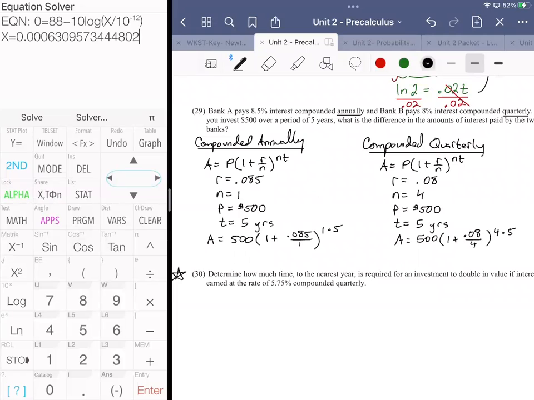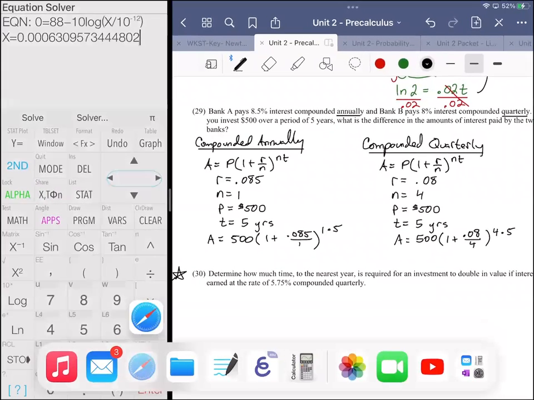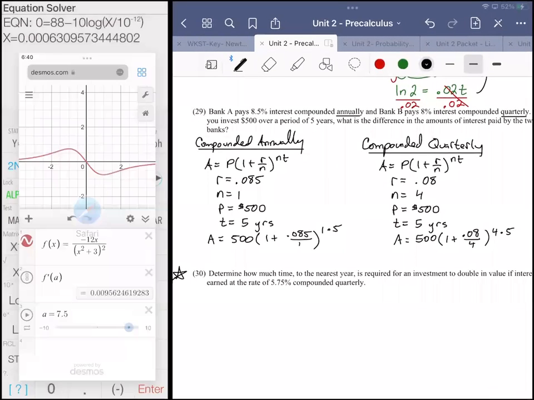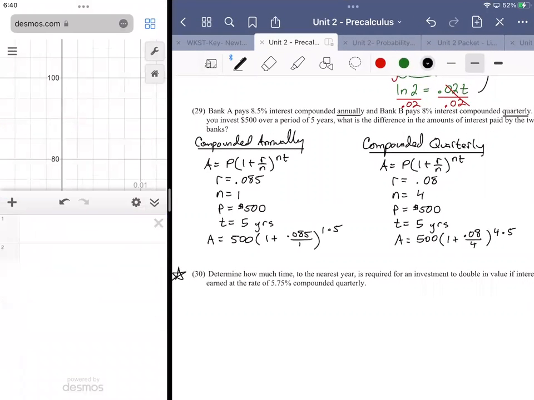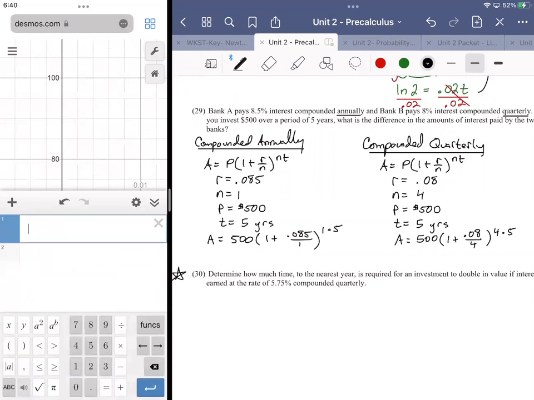All right. So we can crunch these numbers. We can do it a bunch of different ways. We can use technology. I mean, to some extent, you're using technology one way or another, but it's just a question of how much you want to use the available resources in something like Desmos. So 500 times 1 plus 0.085 raised to the 1 times 5 or 5 power.